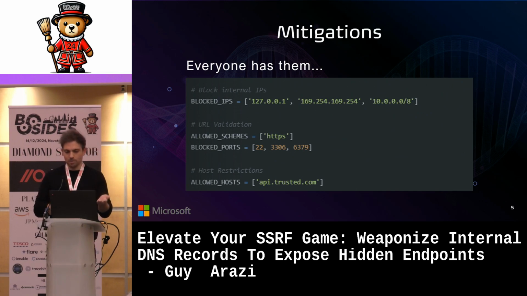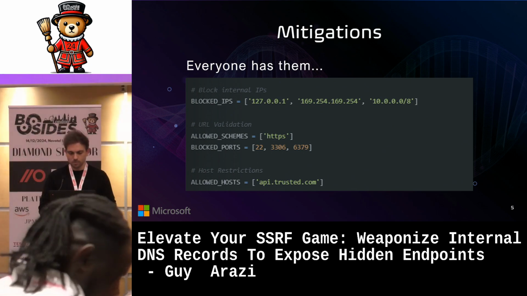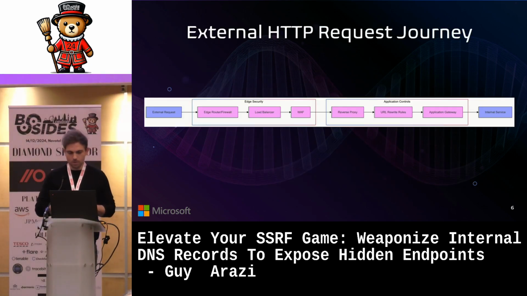We can block IPs to internal resources, block maybe even schemes and ports, or go to the other side and try to whitelist a specific subset of hosts and only allow accessing those assets.